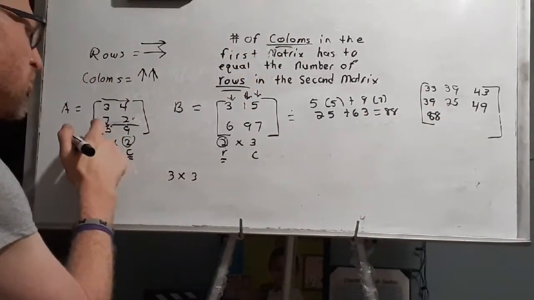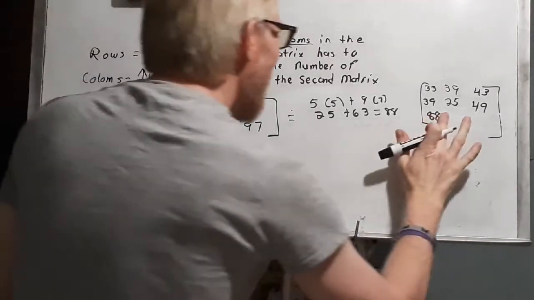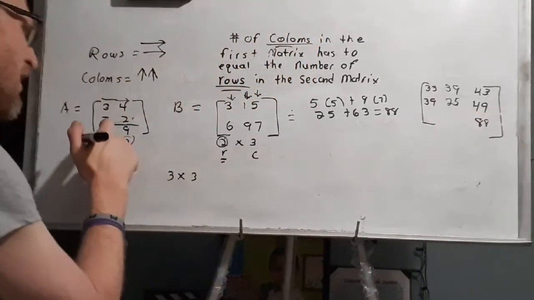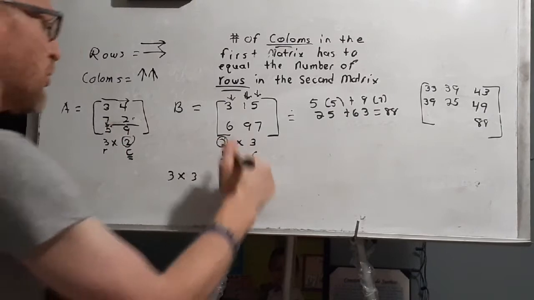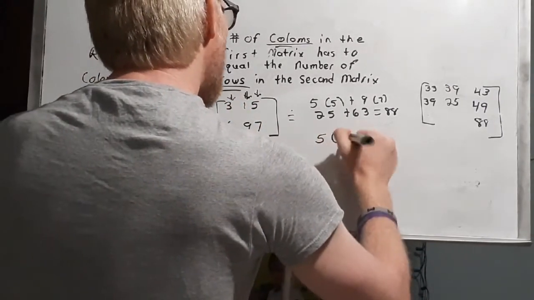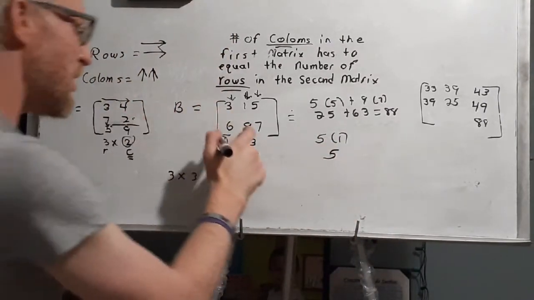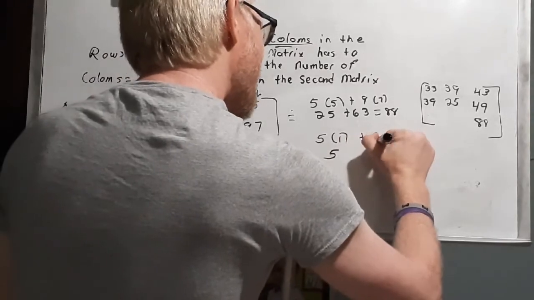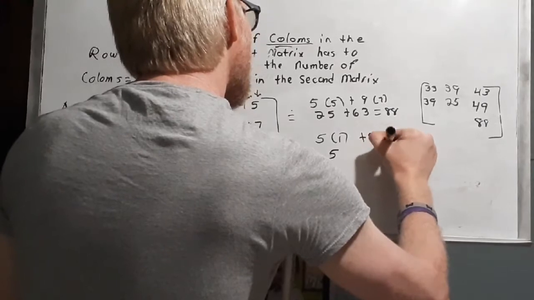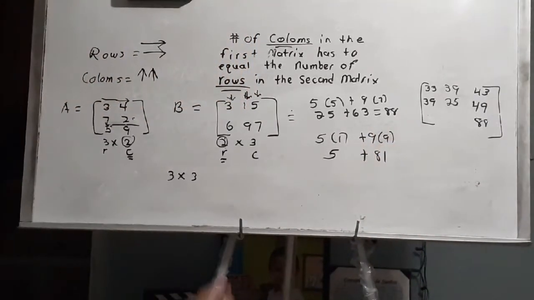And then you're going to multiply, actually, the 88, I did it backwards. The 88 is actually the last number, because I started from the other side. So now we're going to multiply row times column. So 5 times 1, which is 5, and 9 times 9, which is 81, right? 9 times 9, which is 81, and 5 plus 81 is 86.